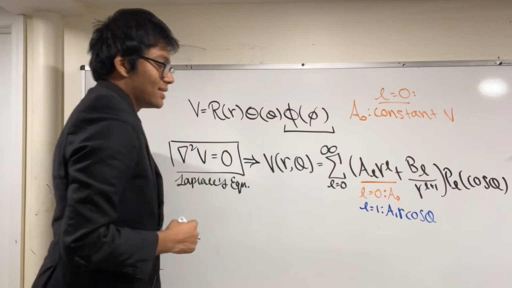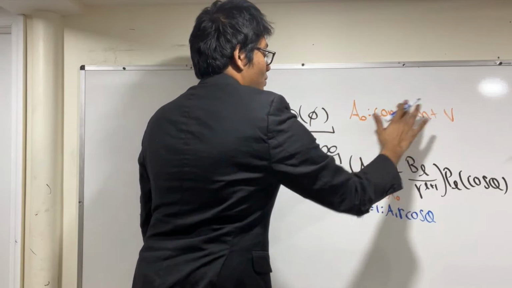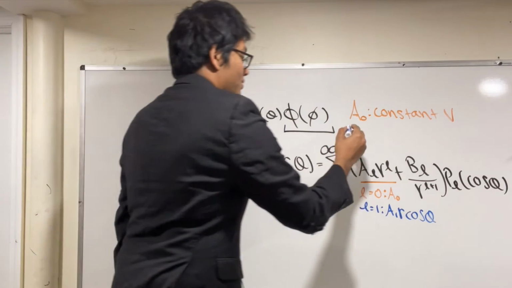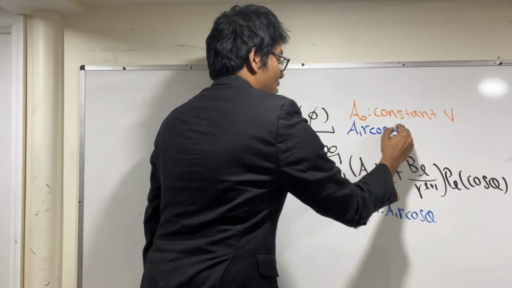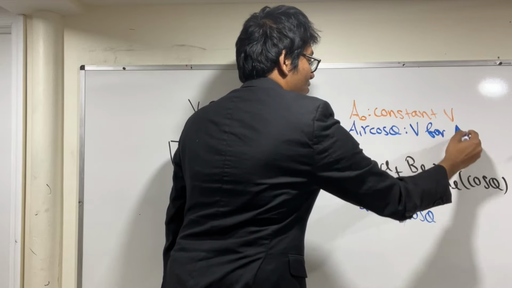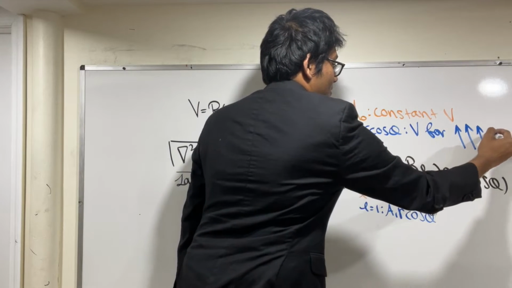So what kind of potential is this? Well, for l equals 1, we get the potential for a constant electric field. So this right here, A sub 1 r cosine theta, is the potential for a constant electric field that may be pointing up or down the z-axis.